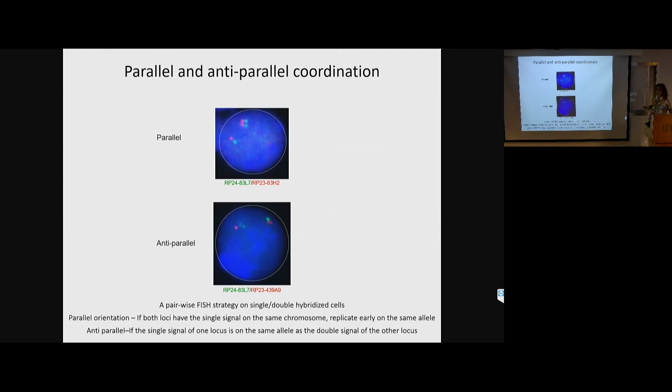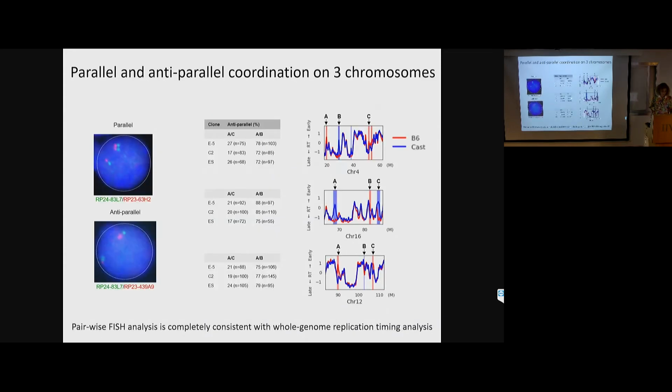They behave the same. Anti-parallel orientation is when we have a single from the red and a double from the green. So on one chromosome, they replicate in an anti-parallel coordination. One is paternal early, the other one is maternal early.